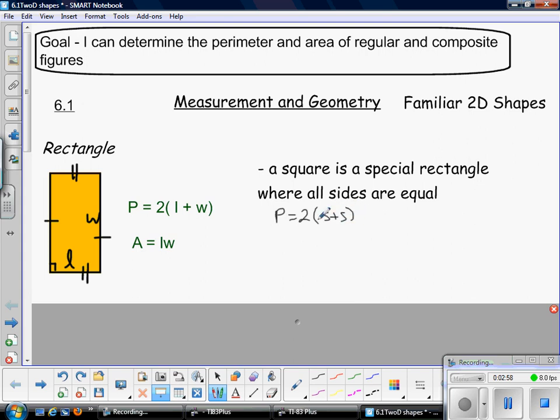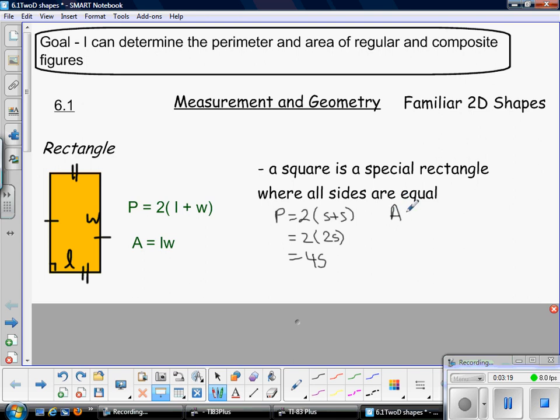Now, we can simplify this further, because that's the same as 2 times, and how many s's do we have here? 2 s's. So the perimeter of a square equals 4s.